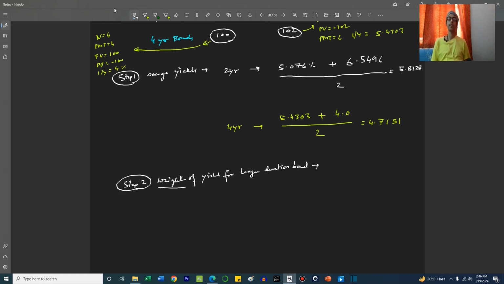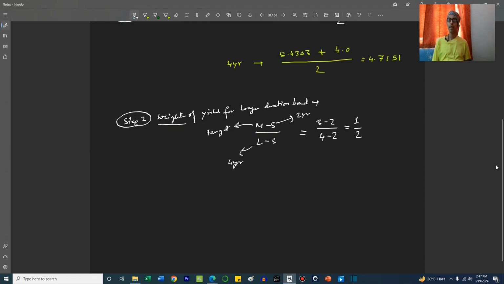This weight is calculated as M minus S by L minus S. M is the target, that is our 3-year bond. S is the 2-year bond. L is the 4-year bond. So this weight value becomes 3 minus 2 by 4 minus 2. This is equal to half.